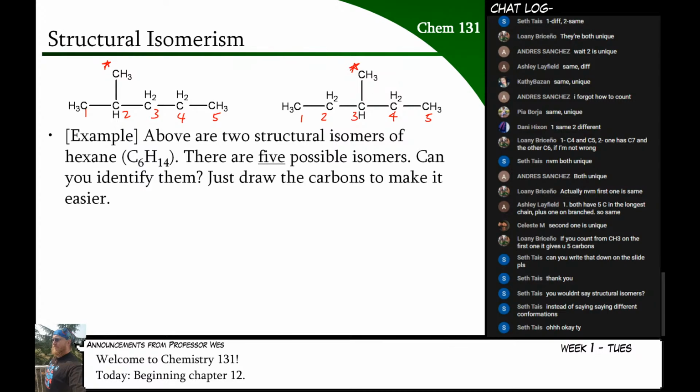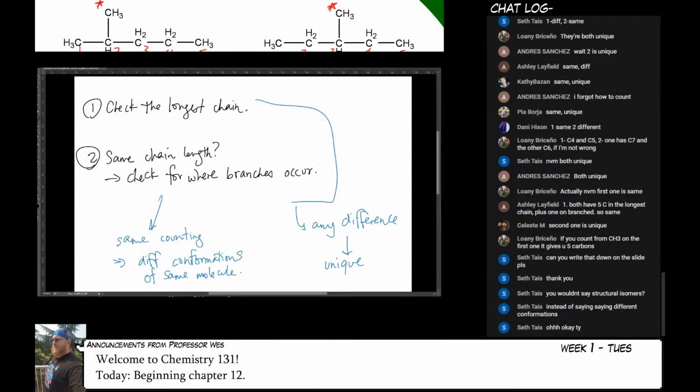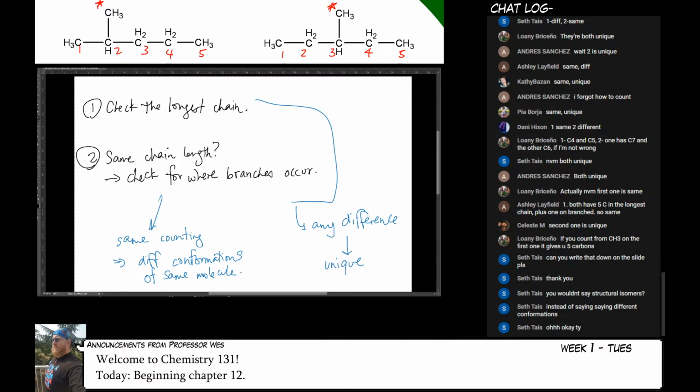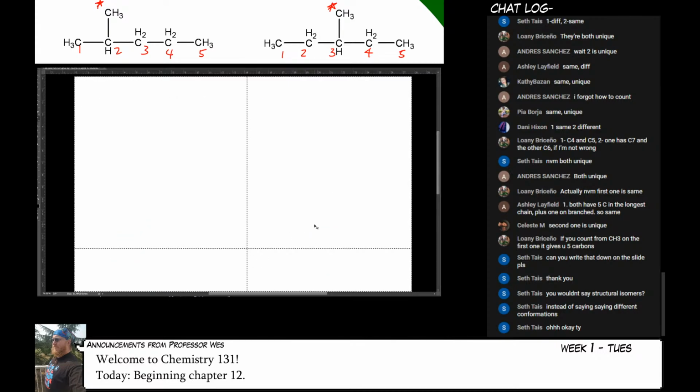All right, so let's try and draw some of these isomers. So there's the first two up there. We're going to see how creative you got with this. The first and most obvious one would be to just put everything in a line, because that wasn't one of the ones that was listed. So this would definitely work.